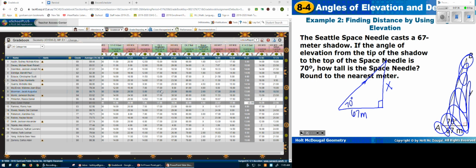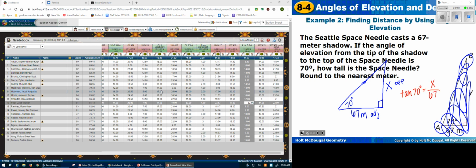So we're using which trig function? Tan, because this is what? Opposite and adjacent. Good. So now we're ready to just do what we've been doing. The only new thing today is just being able to create a picture using those words, angle of elevation or angle of depression. So we have tangent of 70 degrees is equal to what over what?